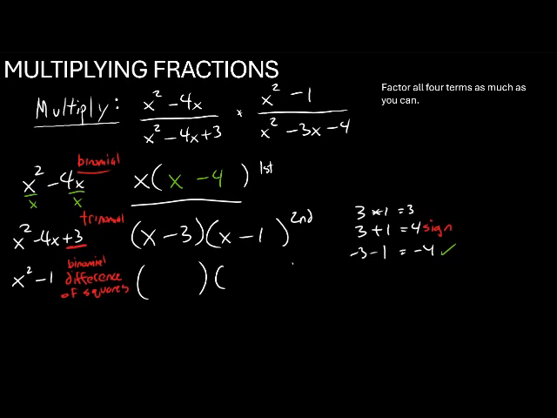Therefore, we know in our two parentheses we'll have x in the first position and the square root of 1 in the second position. But the square root of 1 is still 1. So we'll have x plus 1 and x minus 1 according to our formula for the difference of squares. This will be the factored form of our third piece of the fractions.